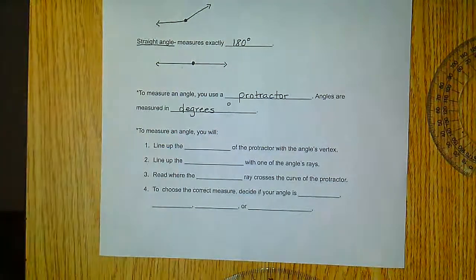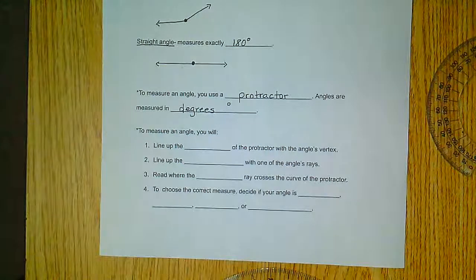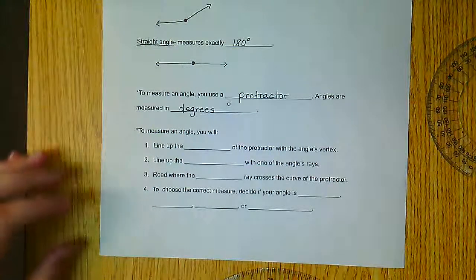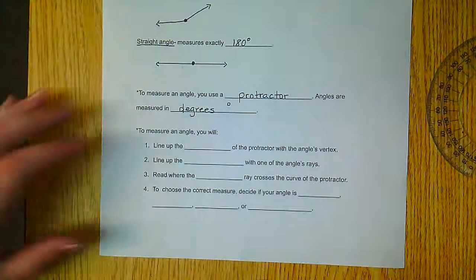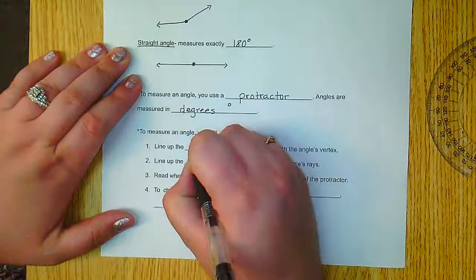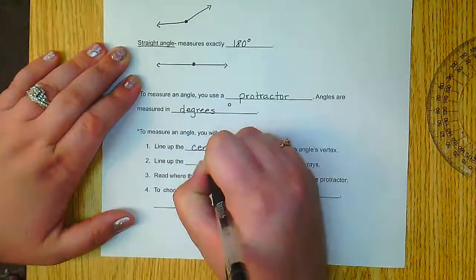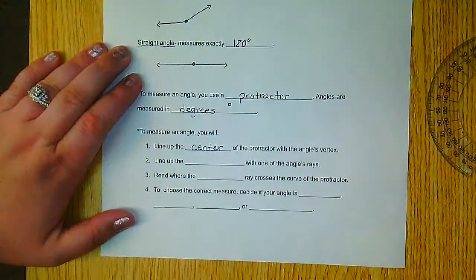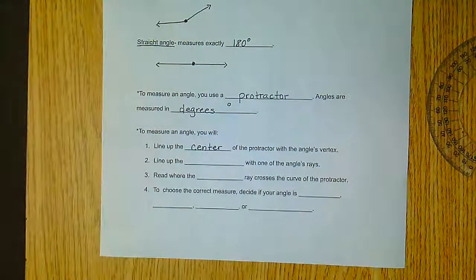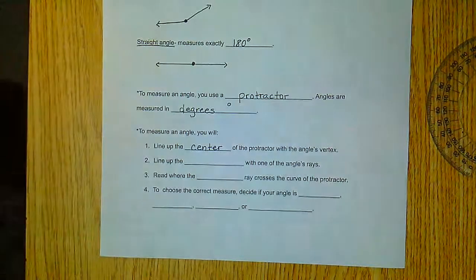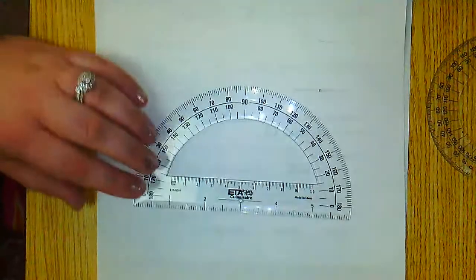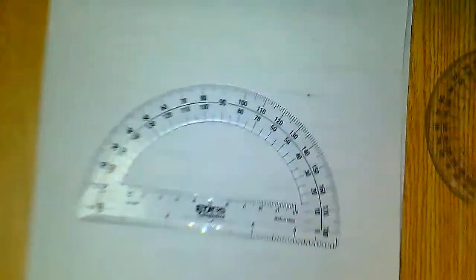So the very first step for measuring an angle is to line up the center of the protractor with the angle's vertex. So we're going to fill in that blank with the word center. And what it means when it says center, I'm actually going to cover my page a little bit so that you can see.